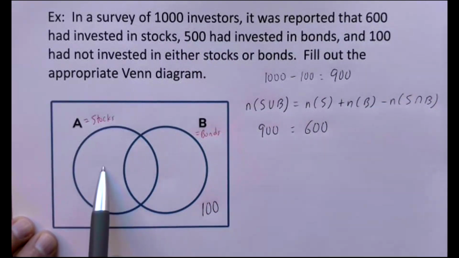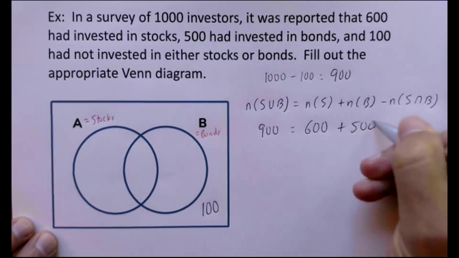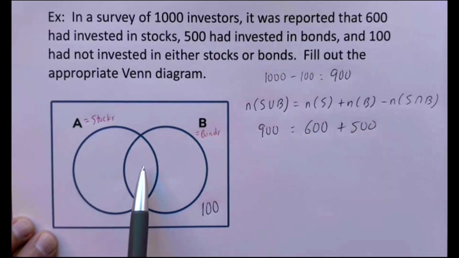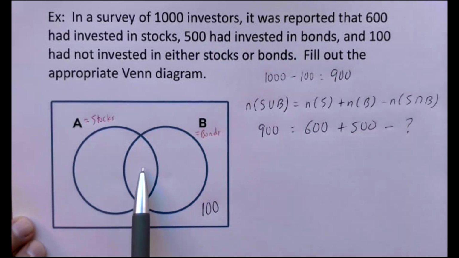That means this plus this makes 600. We also know the bond circle itself has 500. That means this plus this makes 500. Notice I just double counted this middle part twice. So that middle part, which maybe we're not sure what it is yet, that was double counted, right? That's why the minus thing is there.